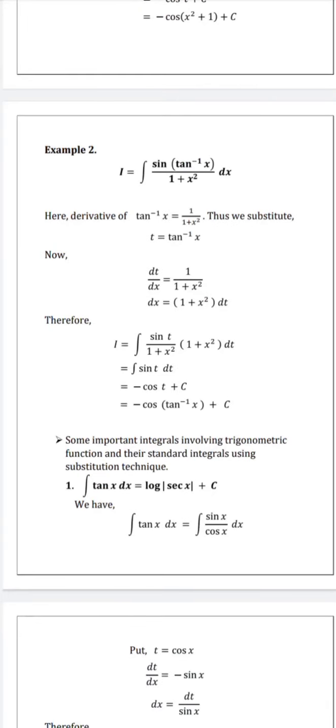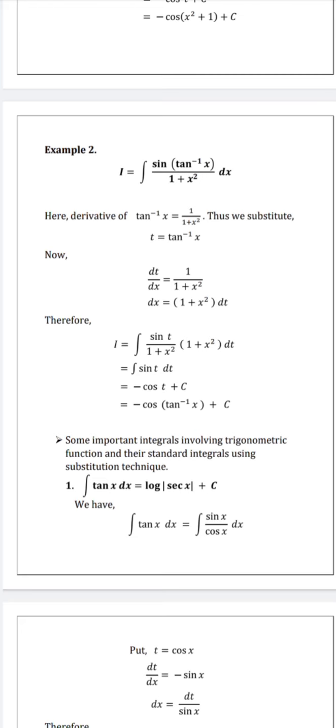Here we take another example. I equals integration of sin(tan inverse x) by 1 plus x square into dx. Here the derivative of tan inverse x is 1 by 1 plus x square, which is present in the integrand. Let's substitute t equals tan inverse x. Now differentiate it with respect to x and we get dx equals 1 plus x square into dt.